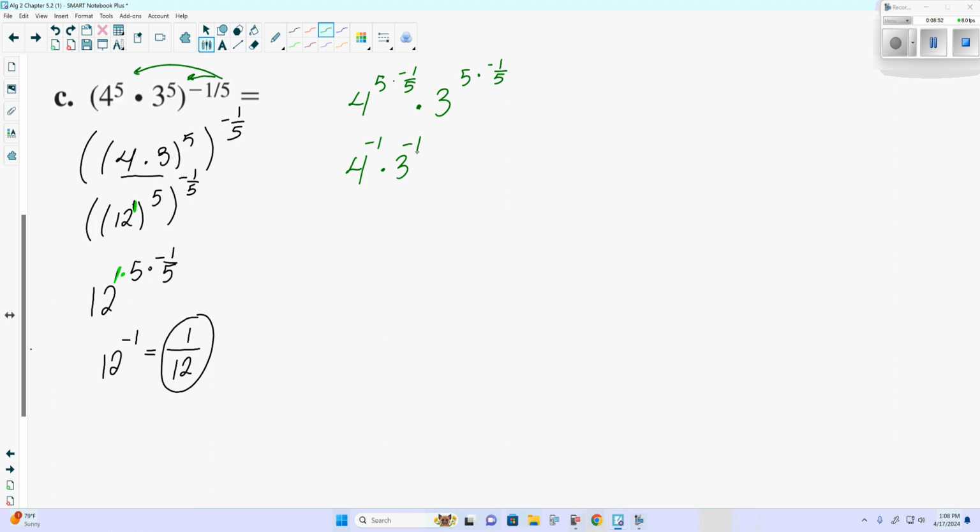Well, to make these exponents positive, we would move the 4 from the top of the fraction to the bottom, and the same with the 3, giving us 1 over 4 times 3. Well, that is 1 over 12. We get to the exact same spot. Different ways to do it, but both will get us to the same answer.